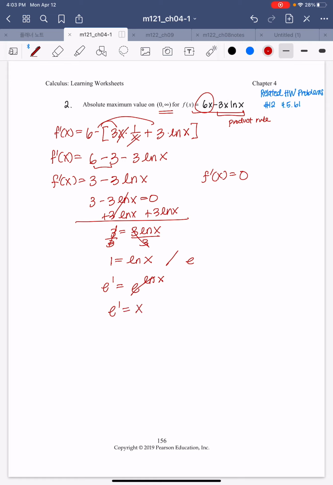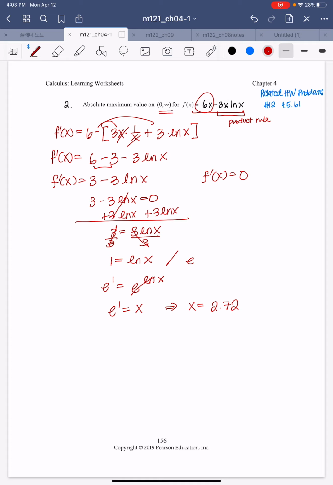Now e is an irrational number, so I'm going to change it to a decimal. e rounded to 2 decimal places is 2.72. So x is equal to 2.72.